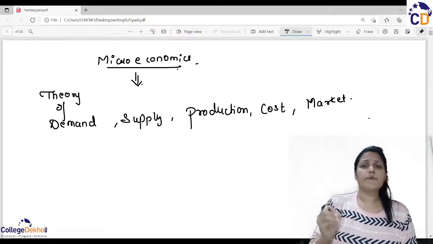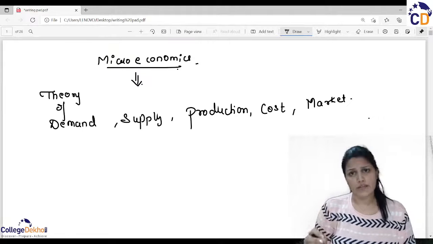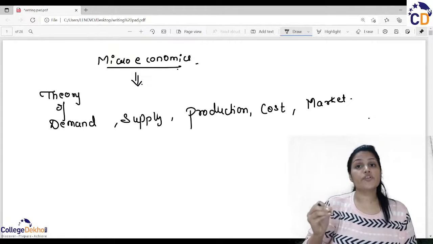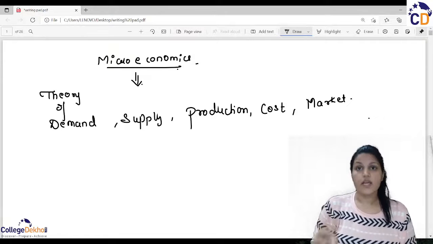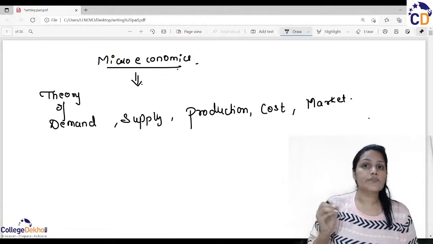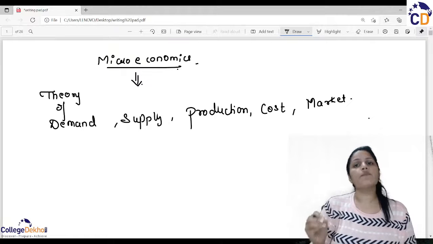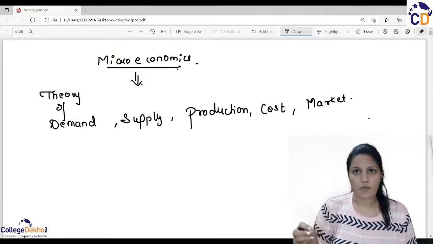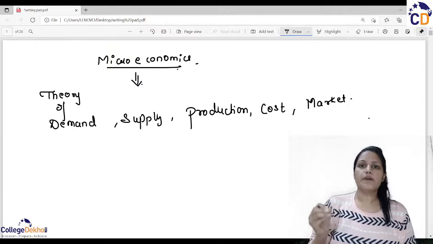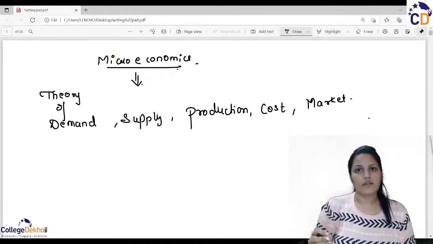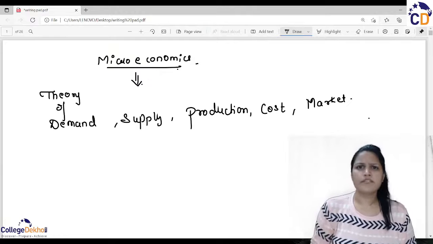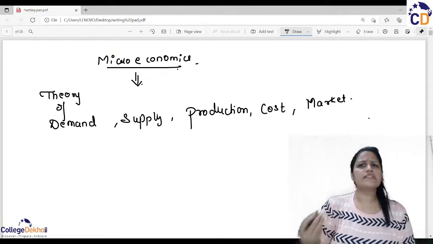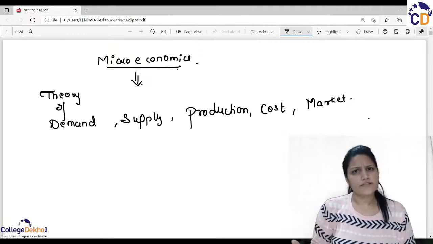Plus, when a person produces something, he knows the production cost, adds his profit, and the sum becomes the sales amount. Whenever a person sells something, he must add profit to his cost. It is a simple theory which we always see in our surroundings.